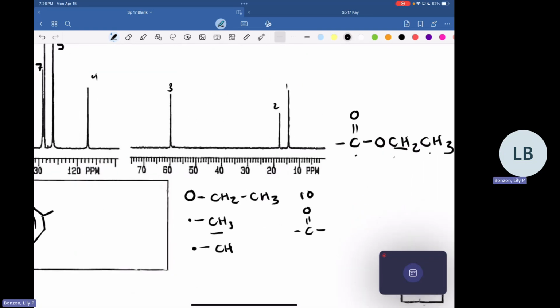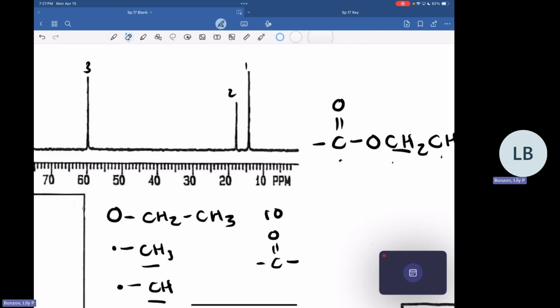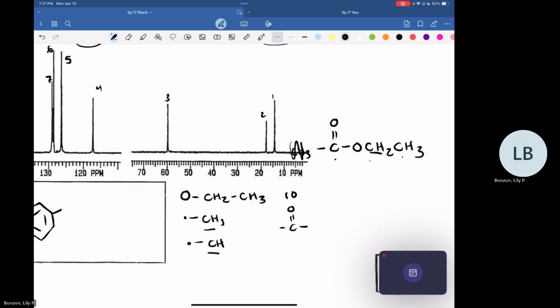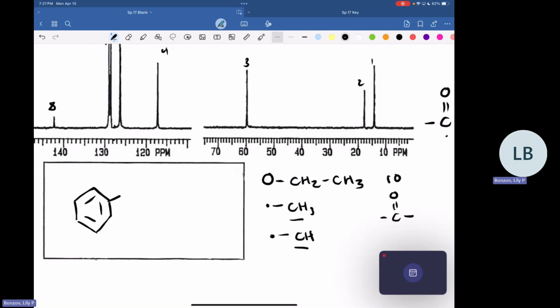We have the CH3 here. We have the CH. And I know that if I try to put this CH3 on the other side of this ketone here, that's not going to work because that's just going to cut off our molecule. So the CH3 has to be attached to something that's not this ketone, and it can't be attached to the benzene itself because, again, that would cut off the rest of our molecule.